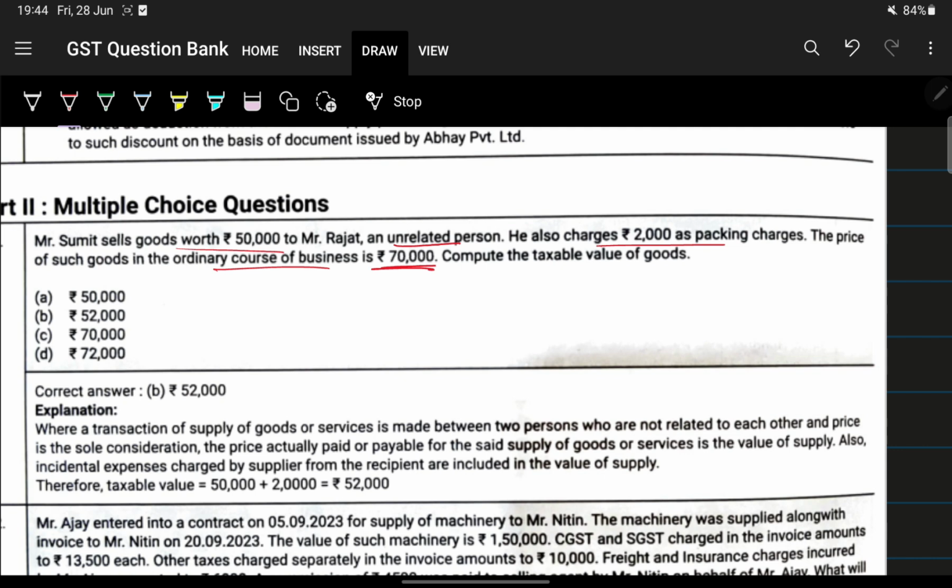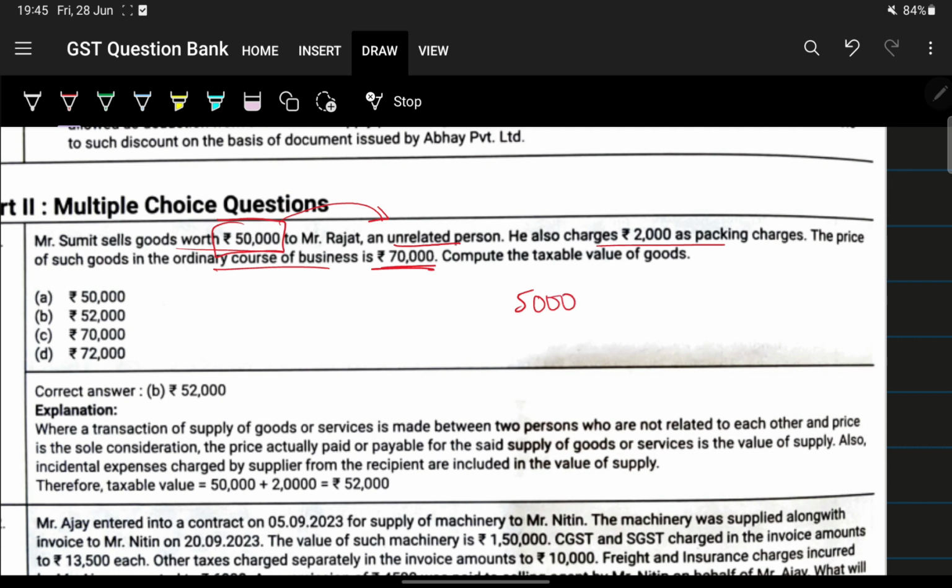So what has happened here, he has sold it for 50,000 rupees to an unrelated person. So, unrelated, we have to consider what is being sold to an unrelated person itself.